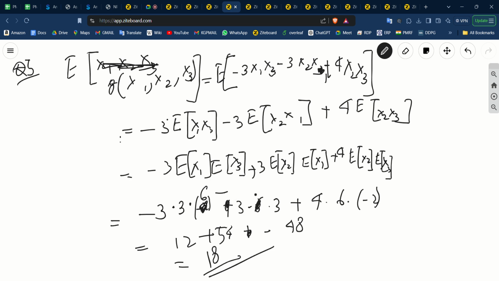Negative 3. So all are negative. So this will be a rather large negative number.